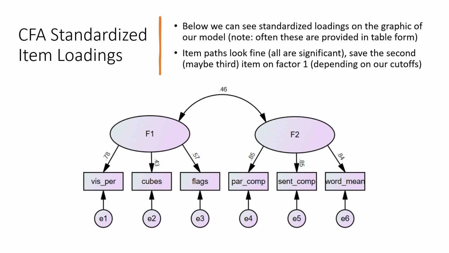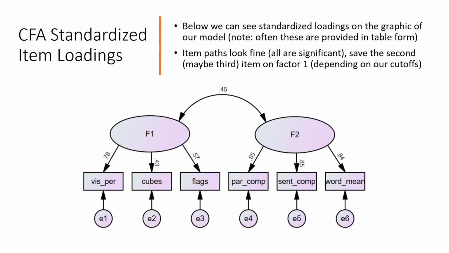Again, any model edits should happen because of theory, but that might be something that I would look at. The low loading of cubes on factor one could indicate that the cubes test is not particularly good. Of course, in this particular case, cubes I believe is the only 3D test. Flags is 2D. So cubes might represent something unique that's very important for visual acuity, which is the underlying factor of factor one.